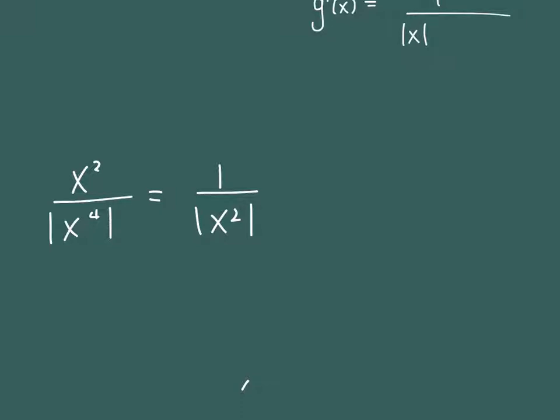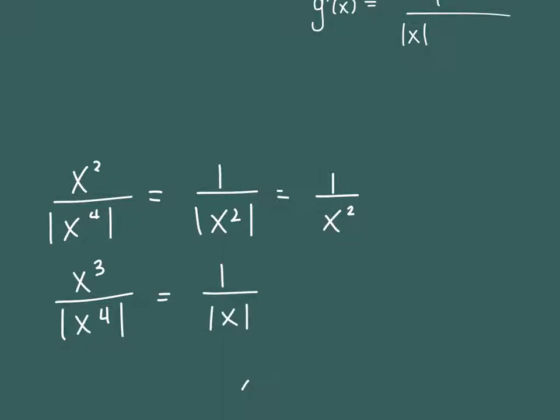Now, x squared, you only need the absolute value if the number is going to be negative. And what do you know about something squared? It will always be positive. So when you come up with an x squared, you don't need the absolute value anymore. But if you had x to the 3rd over the absolute value of x to the 4th, and you reduce and you get 1 over a single absolute value, you need to keep that absolute value because it's not an even power of the result. So that's why I've got it kept.